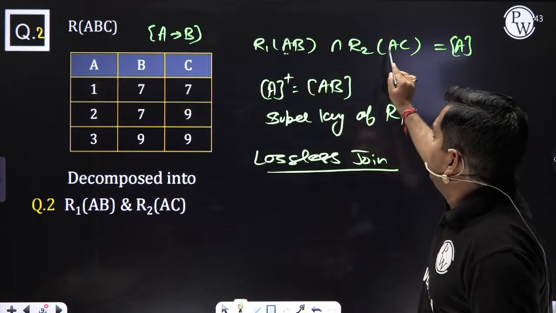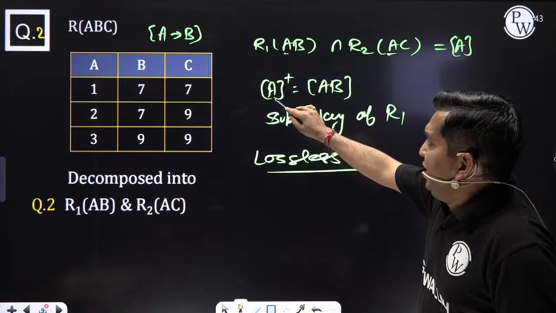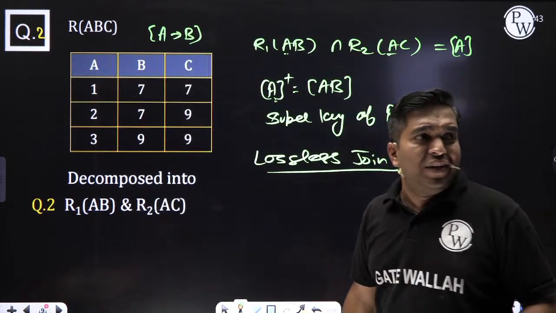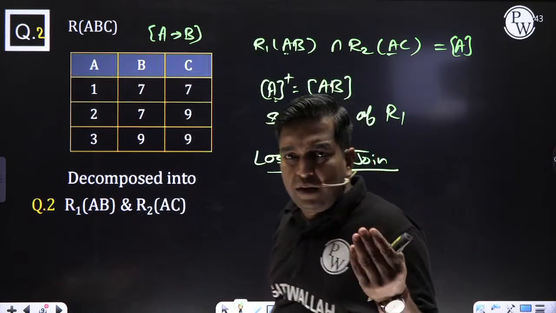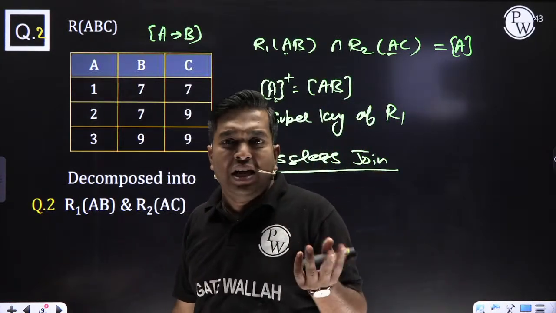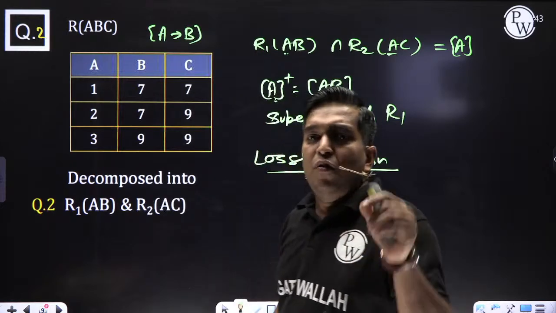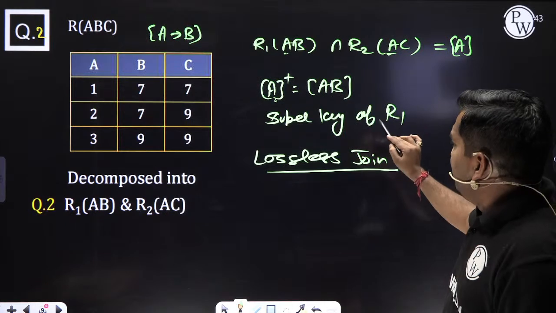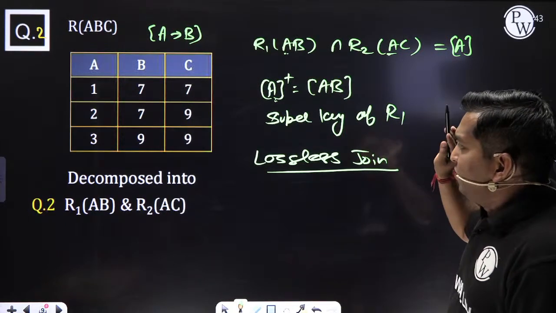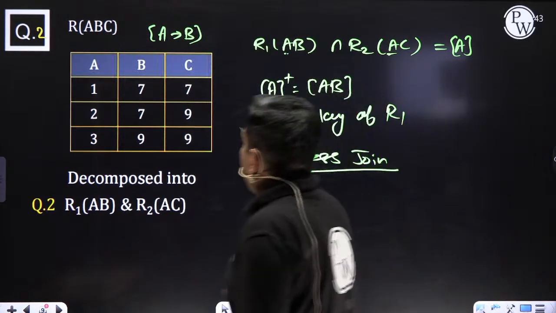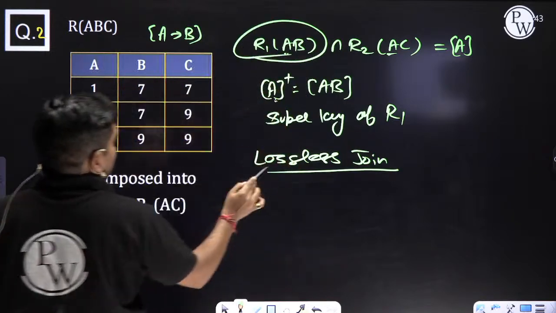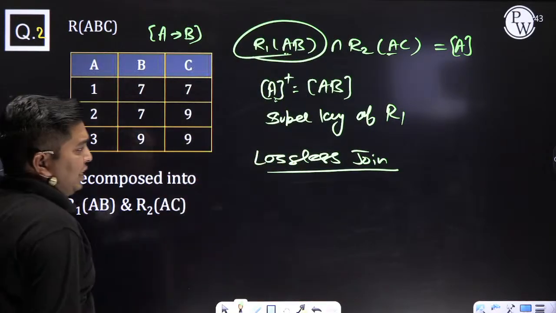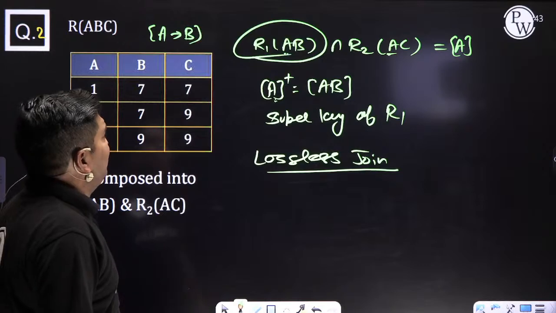Second question: what is the common attribute? A is common. When you take the closure of A, what is the meaning of closure? Whatever attributes you can determine directly or indirectly with the help of attribute A, that is the closure of A. So when you take the closure of A, you get AB. That means it is a super key of R1, which means it is lossless. Still clear, everyone?